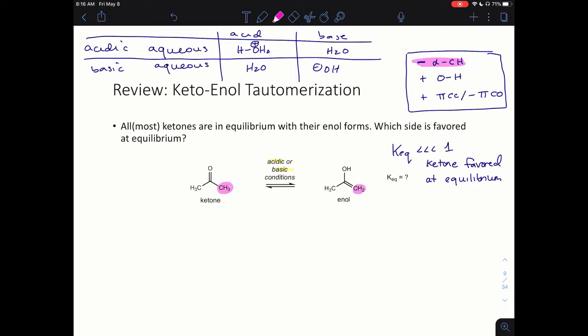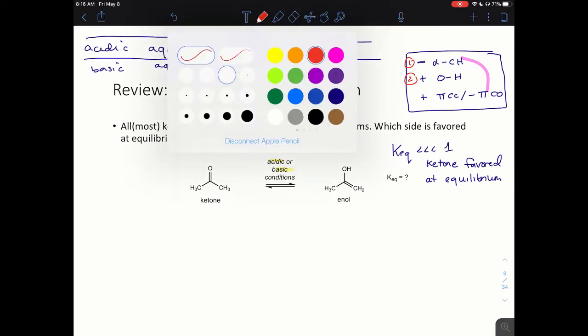When we do that, we also generate the pi C=C and lose the pi C=O to make a single bond C-O. We also need to protonate the O to make OH. So there are two main steps because these two sort of go together. And then which one happens first really depends on whether you're in acidic or basic conditions.